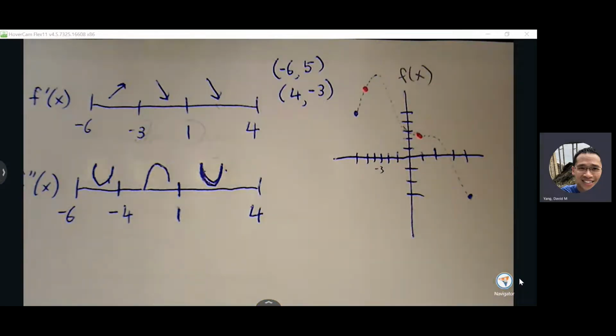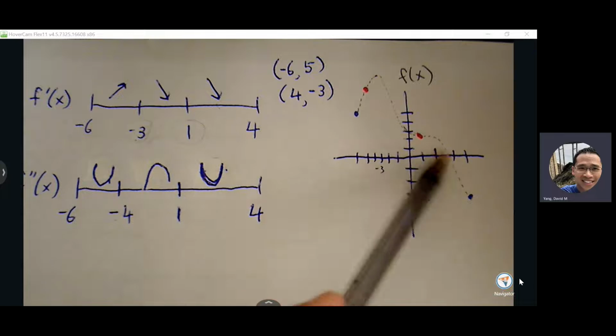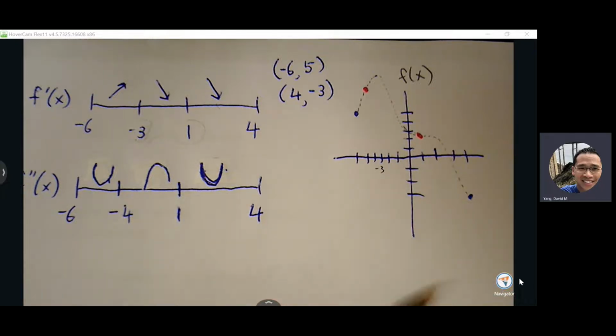That way, you're just going to connect the dots with the appropriate curves. Once you do your dotted line from your slope sign line, you plot the points of inflection in between. They don't have to be on an x-intercept, because that's not important. We just want to get the shape of the graph.